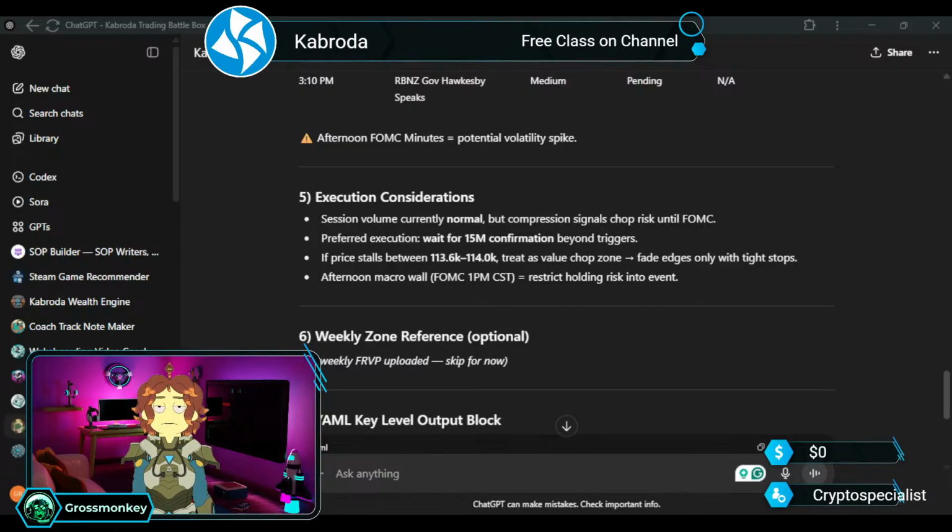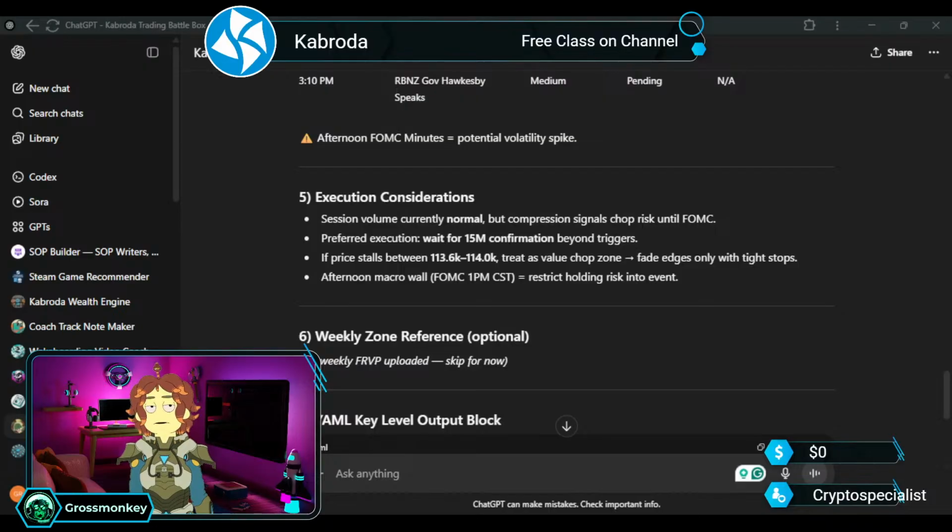Preferred execution is to wait for the 15-minute confirmation beyond triggers, and that hasn't happened. I guess we did just get a 15-minute close below the volume area low, or the breakdown on the morning trade. So we could be seeing a possible breakdown here.